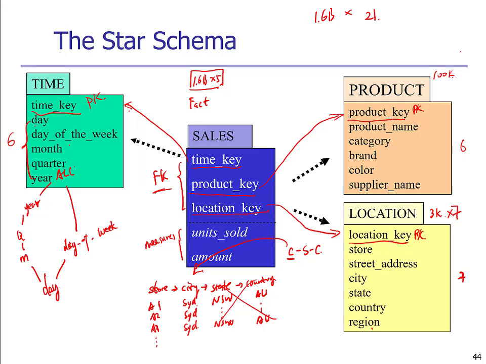But it is still much smaller than 1.6 billion, right? And we have 6 columns here.